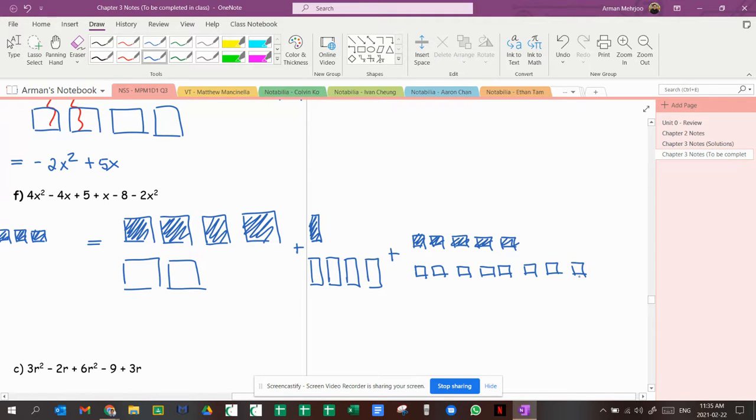Let's cross out my zero pairs. And it looks like what I have left is two positive x squareds, three negative x's, and three negative ones. Oh, should be minus 3.